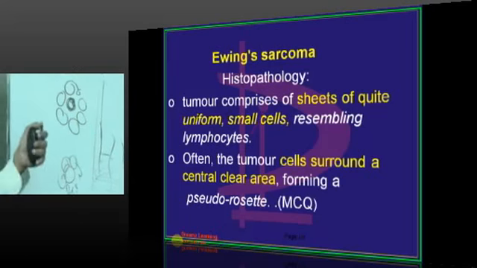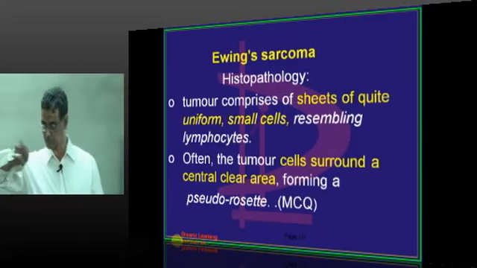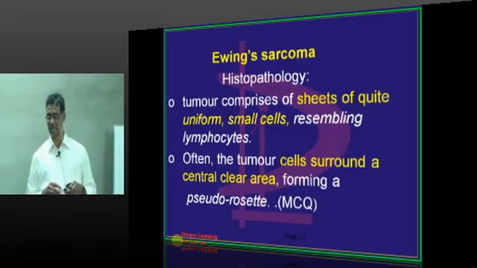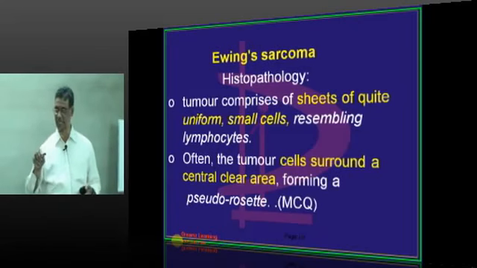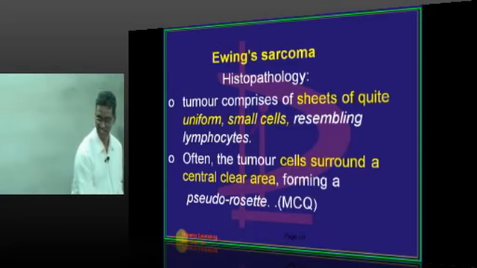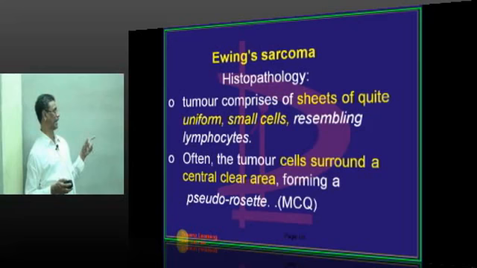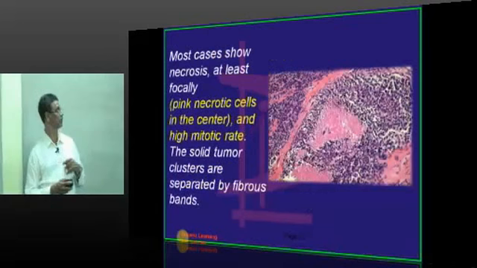That will be there in neuroectodermal tumors. A rosette has the central neural part surrounded peripherally by cells. Here there is a necrotic area, and this is called pseudorosette.